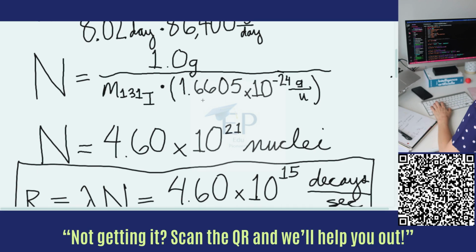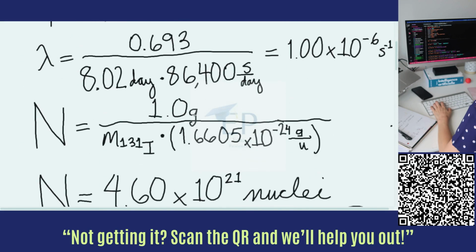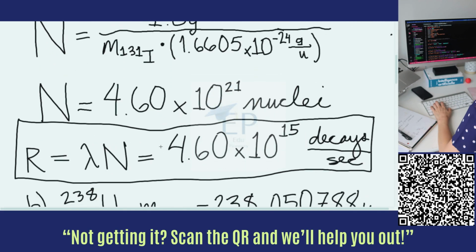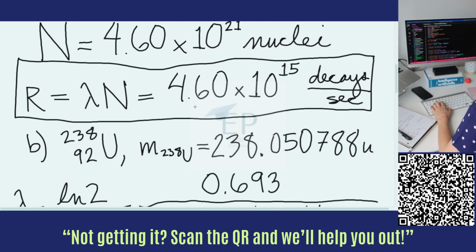I remember that I looked up the atomic mass of iodine-131 in Appendix B. Plugging those in, we find that there are 4.60 times 10 to the 21 nuclei in a 1 gram sample of iodine.